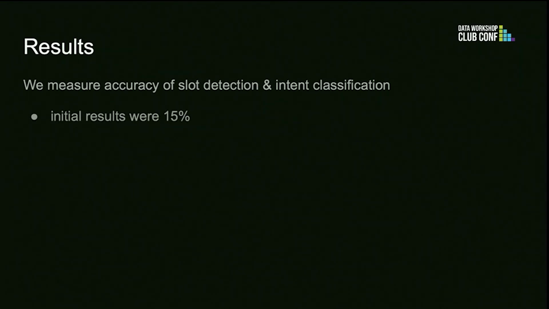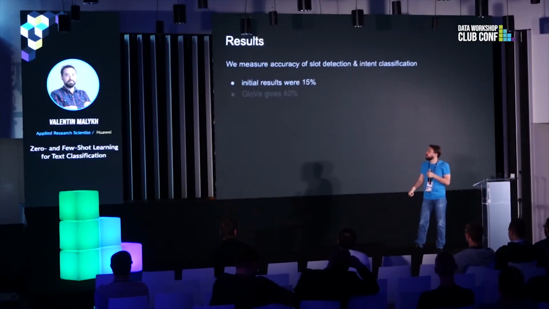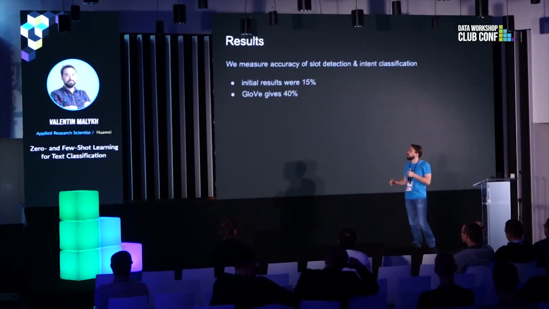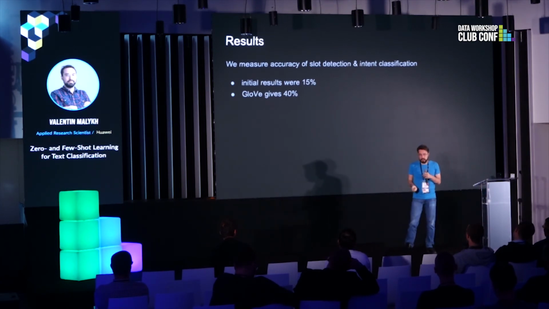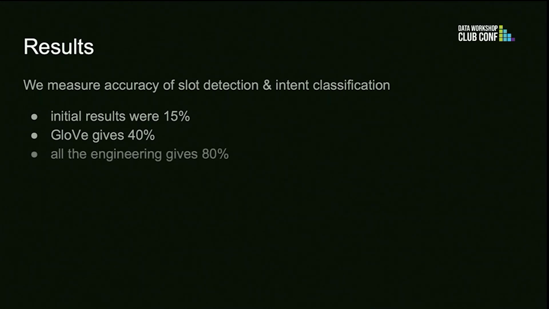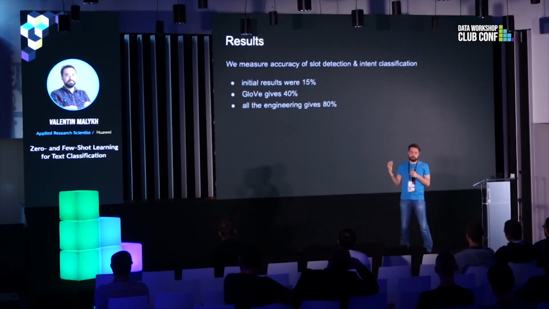With the first approaches I described, with TF-IDF, we had only 15% on this metric. After that, we applied GloVe, and it gave us 40%. And all of the tricky engineering that I described gives us 80%. So I think this is worth trying, at least.